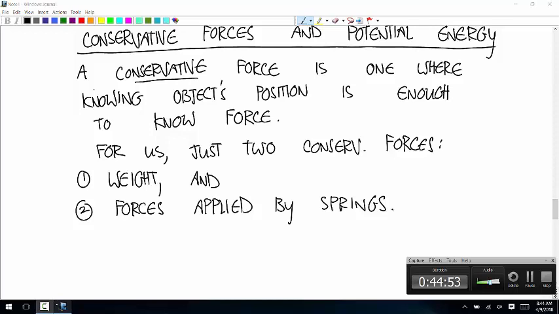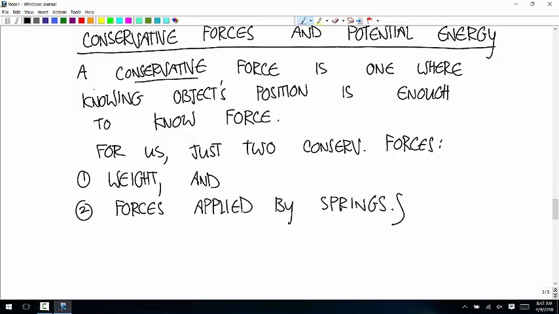Okay, so the force is determined by the object's position.